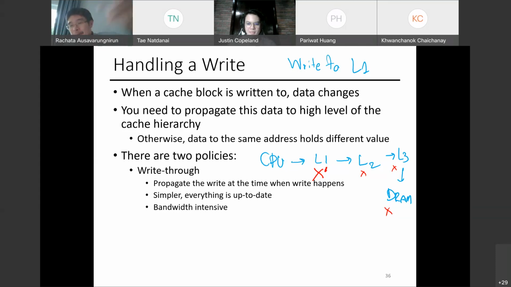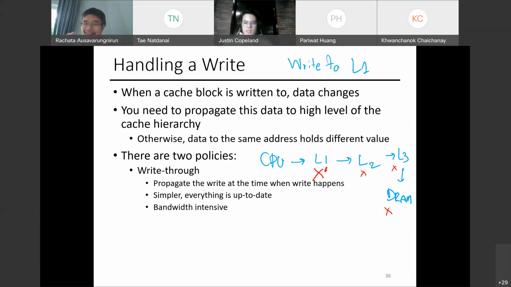So do you need to do write through? Not really. When do I need to write into the L2? Exactly.